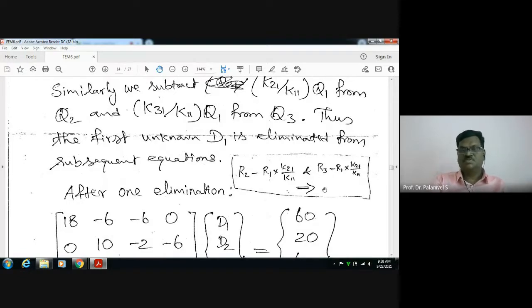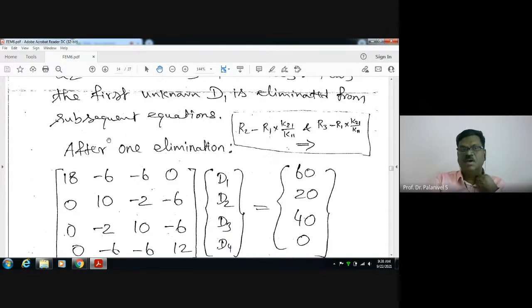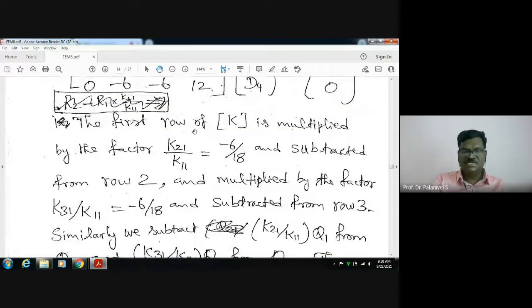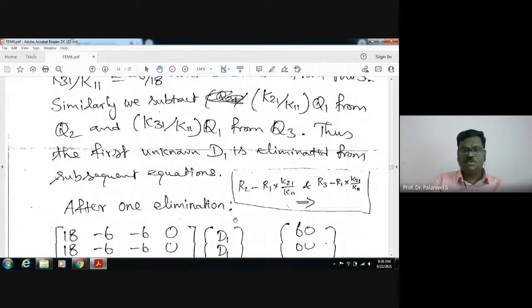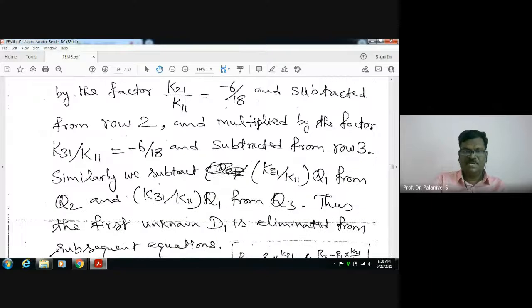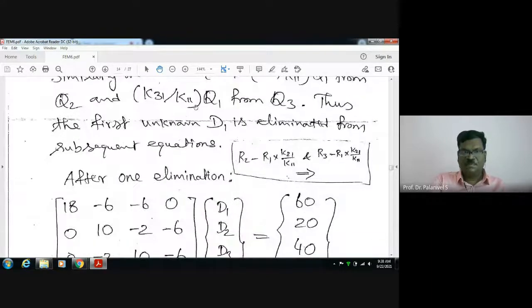At row 2 and row 3 you are subtracting and substituting that value there. So after one elimination you give a heading like this. During the examination you do not need the full expression because it is time consuming. Only writing this is more than sufficient. This is for our understanding, explained in text sentence form.